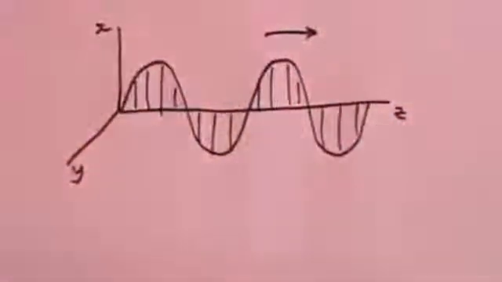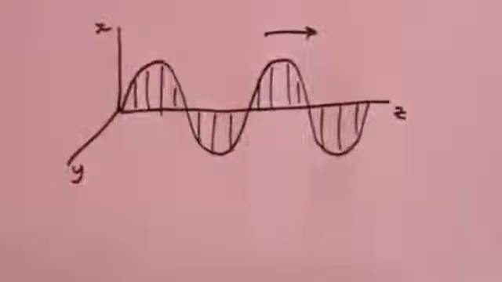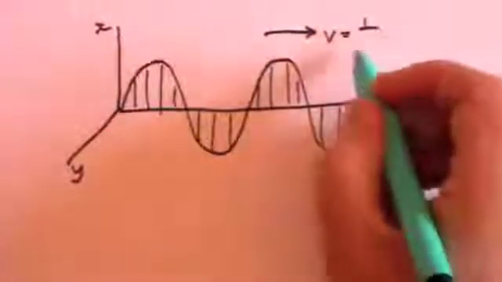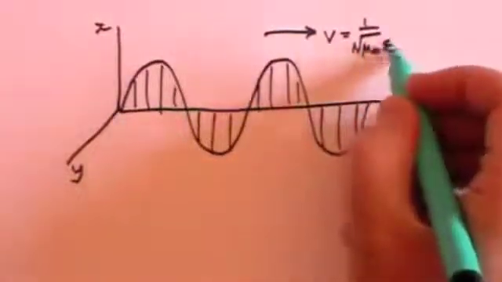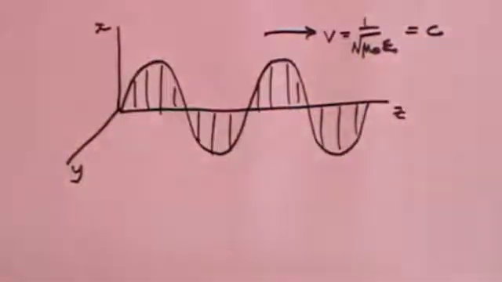There is no movement at all in the y component. We know that if this is an electromagnetic wave, it will be travelling at a velocity which equals 1 over the square root of mu naught epsilon naught, and that we've just shown is equal to the speed of light c. And we've just shown that this is an electromagnetic wave because it derives from Maxwell's, in particular the third equation on electricity and magnetism.